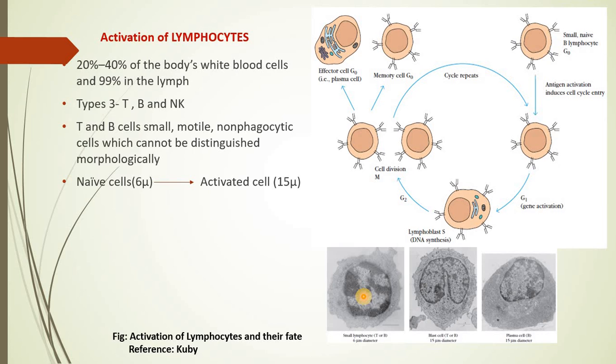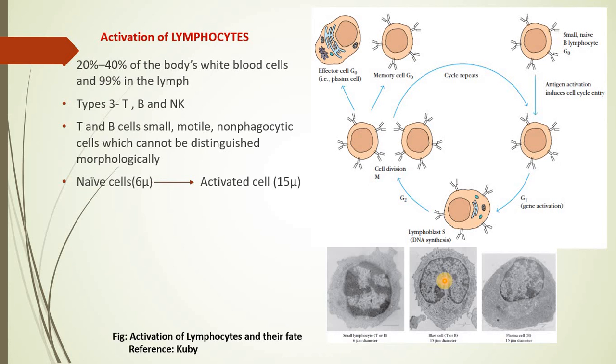Once this naive cell gets an antigenic stimulation, from G0 it gets converted to G1 phase. So conversion of G0 to G1 phase helps in identifying the naive cell getting transformed into the blast cell. Now this blast cell is also called the lymphoblast cell.